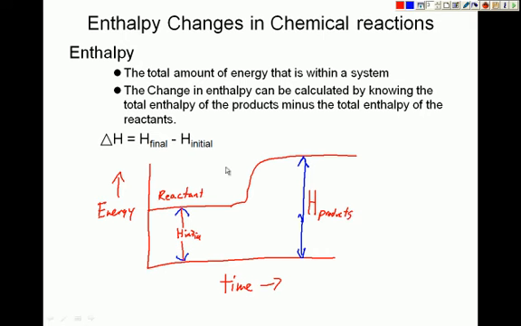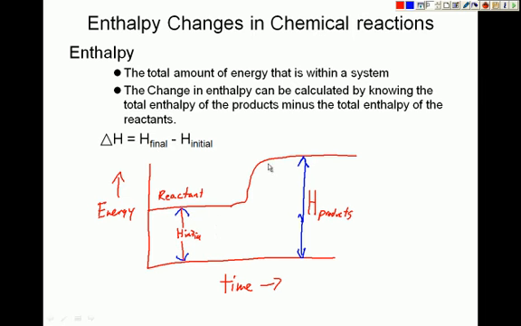So in order to find how much it changed, you would find the enthalpy of the final minus the enthalpy of the initial, or the enthalpy of the products minus the enthalpy of the reactants.